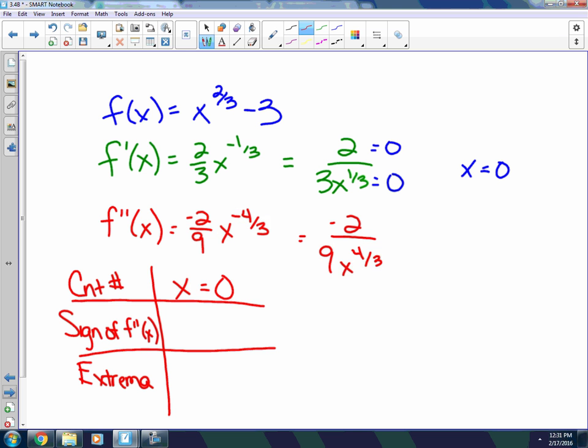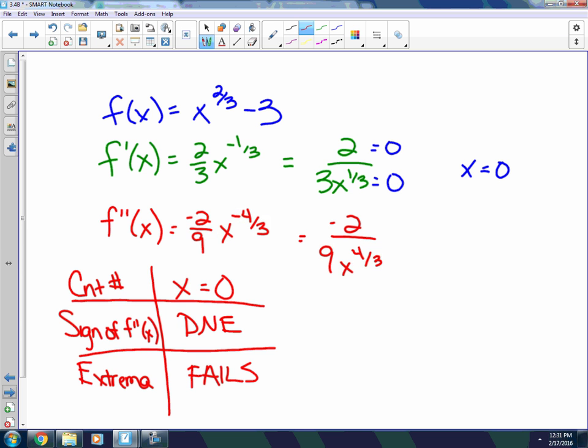Plug that back into the second derivative. When you put a 0 into -2 over 9 x to the 4/3, it's undefined. There's a 0 in the denominator. This test fails right from the beginning. Nothing salvageable right there.